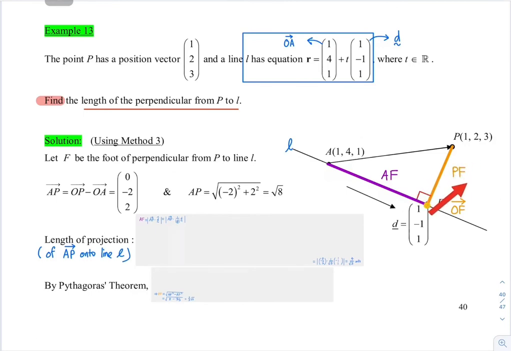So some of the things that we need to evaluate will be the vector AP, and then finding the vector AP will give us the magnitude of AP by using the simple formula.